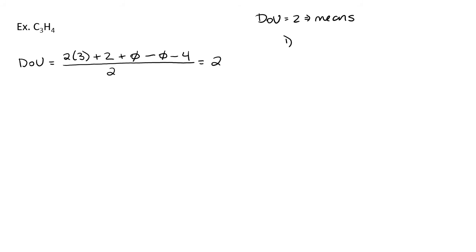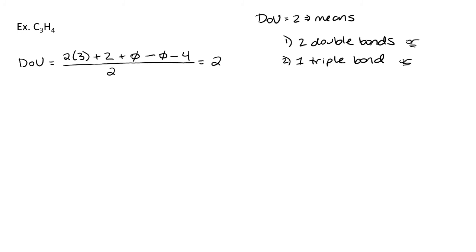With 2 pi bonds, it means that we can have 2 double bonds, since each bond in a double bond is a pi bond. It also means that we could have 1 triple bond, since 2 of the bonds in the triple bond are pi bonds.